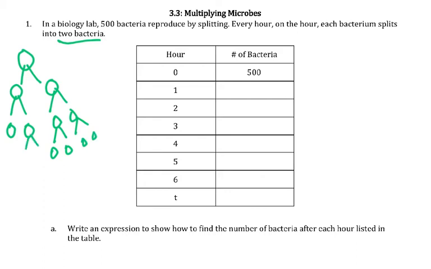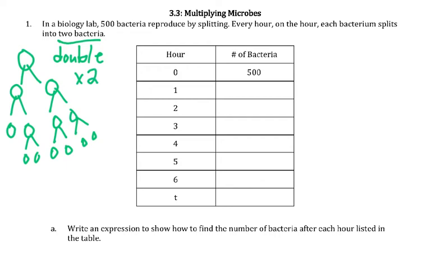This is what's going on. Every hour, it's splitting into 2. What does splitting into 2 mean? Hopefully you know splitting into 2 means to double. And I want you to remember that when I double something, I am multiplying by 2.